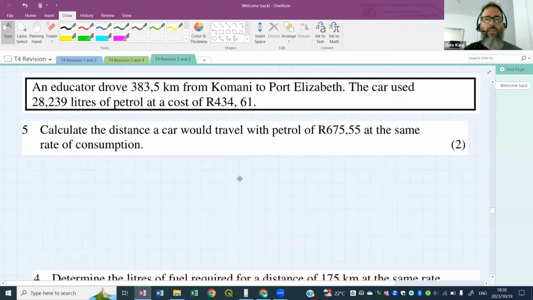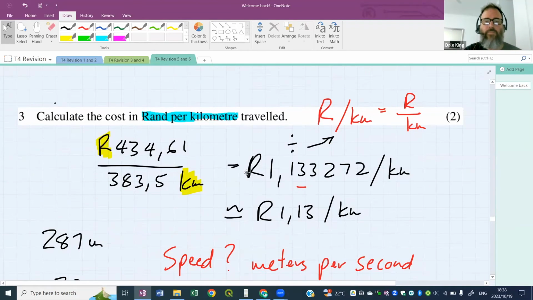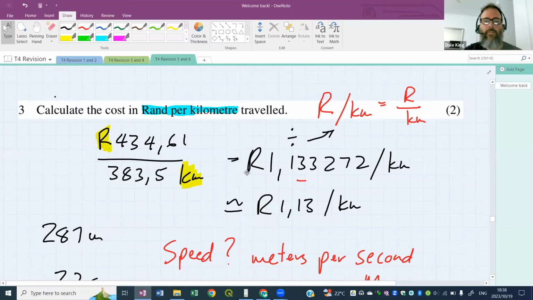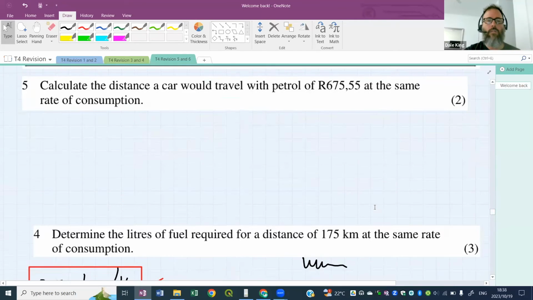You guys should have a lot of calculations and answers with you. I'm sure one of them can help you with this. How far with this many rands? Do we have a rand per kilometer answer somewhere? Yes, we do. Question 3. There's question 3's answer, rands per kilometer.